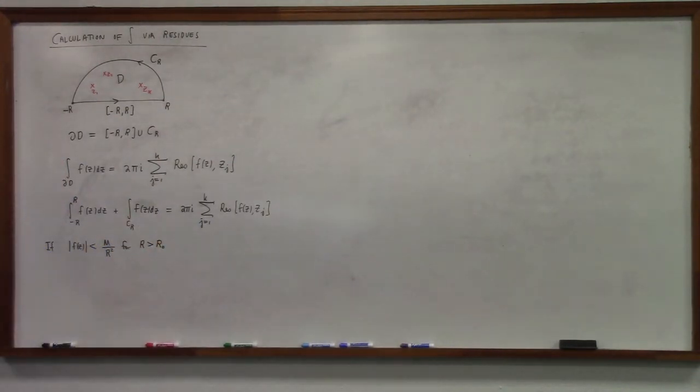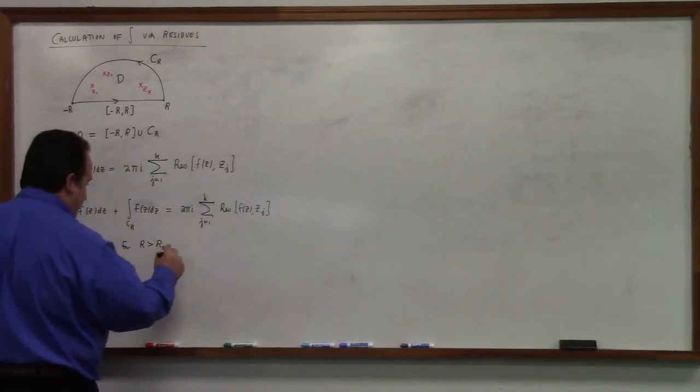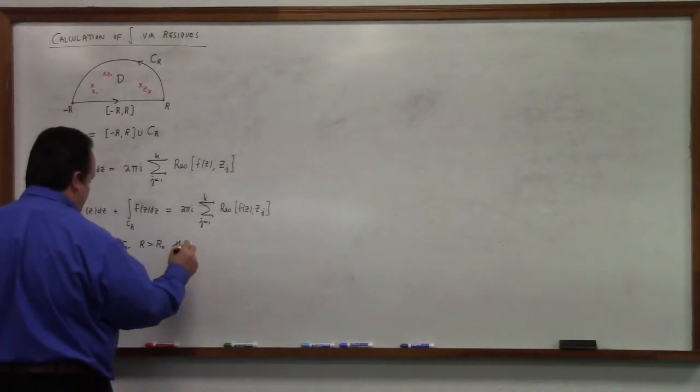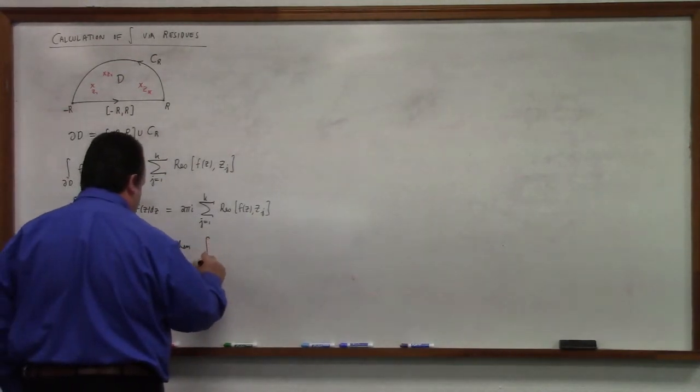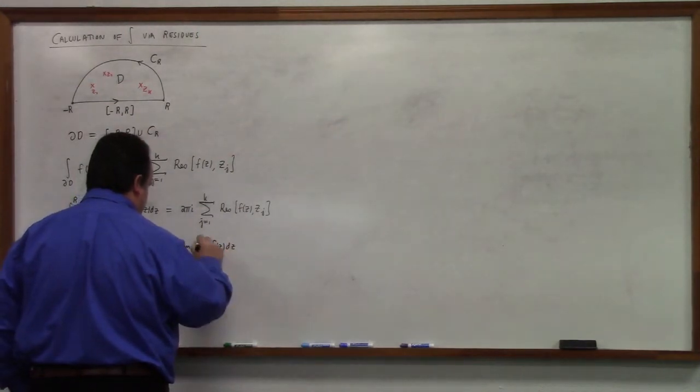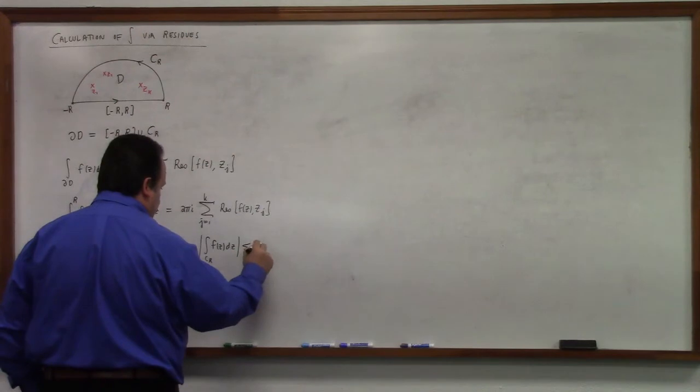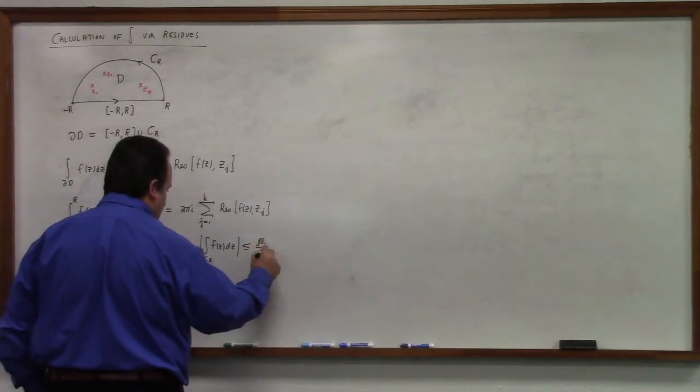So if the modulus of f(z) eventually gets smaller than say M over R squared, then what do we have? The ML theorem. Then the modulus of the integral over C_R of f(z) dz is less than or equal to M over R squared times the length.